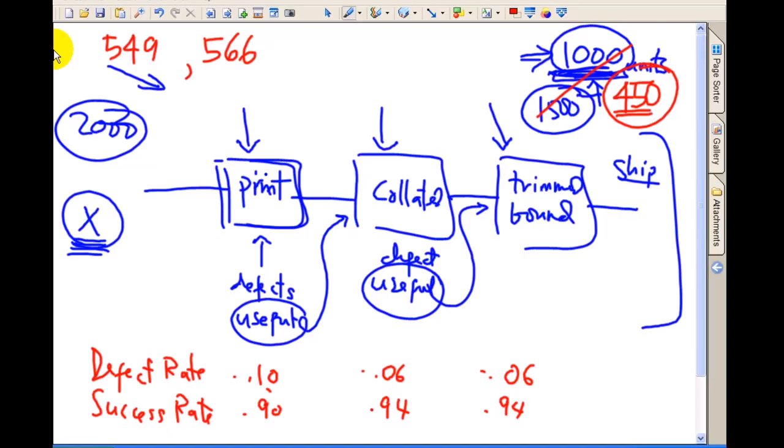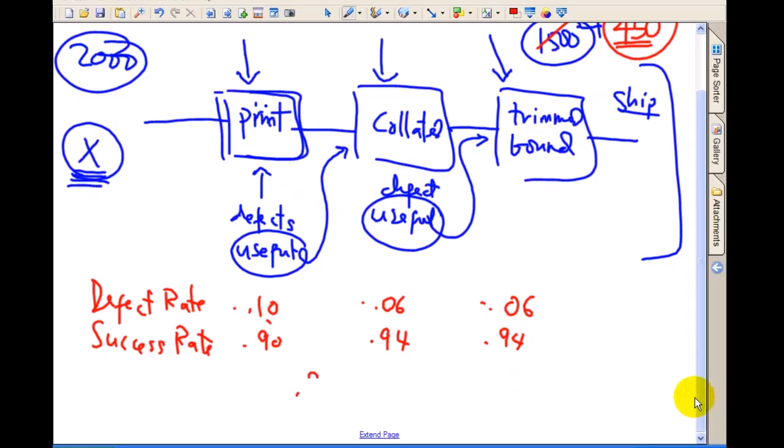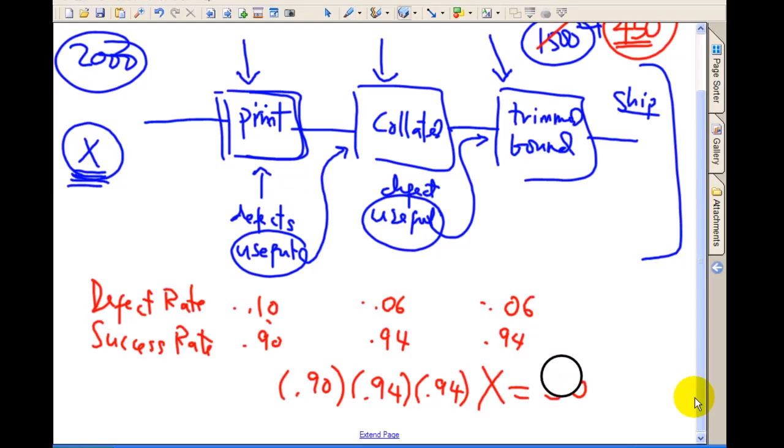Well, how did you get 566, Brendan? Okay, so you multiplied 0.90 times 0.94 times 0.94. Okay, so this is Brendan's approach.